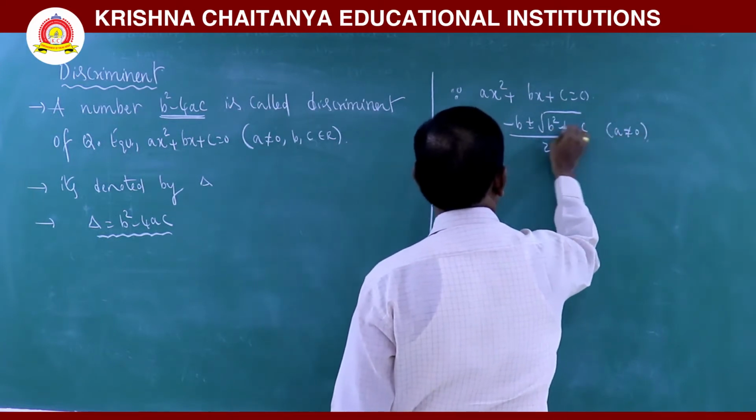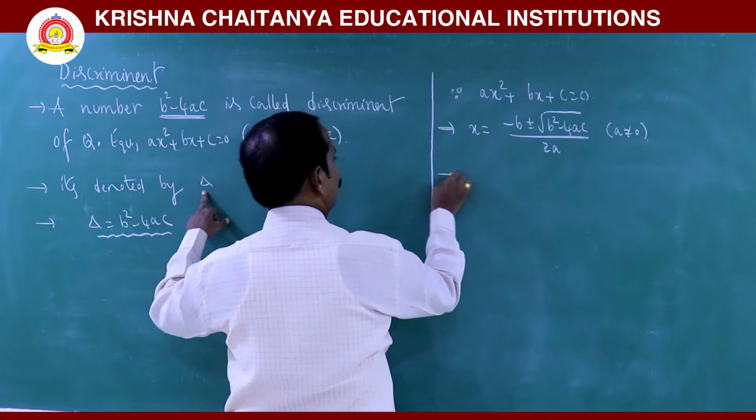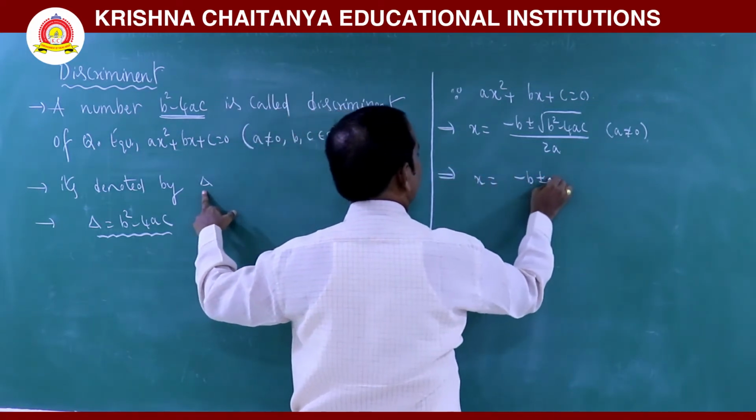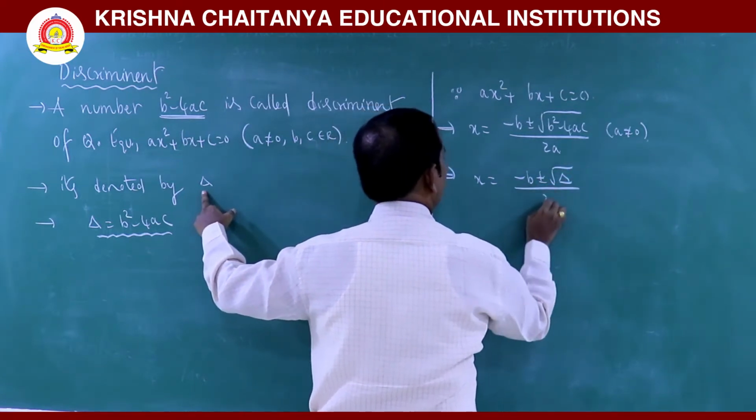We know that b² − 4ac is nothing but delta. So the roots of the quadratic equation are x = (−b ± √delta) / 2a.